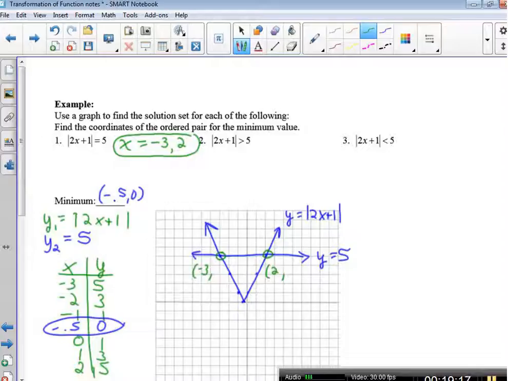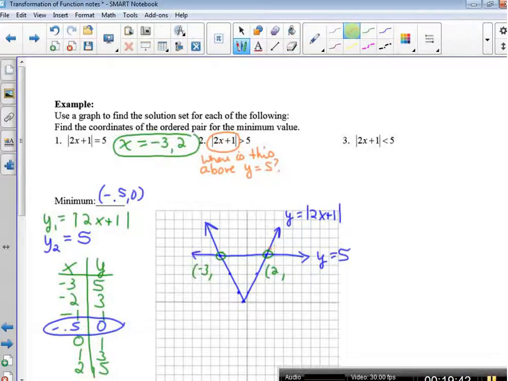Now for the second part, I'm looking for where is the absolute value of 2x plus 1 graph greater than 5. So let's put that in a different color here. So where is this above 5? Where is this above y equals 5?